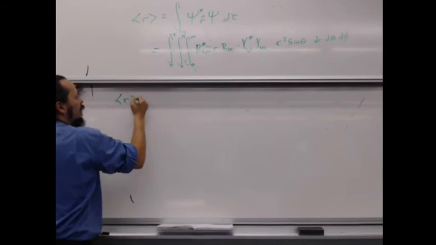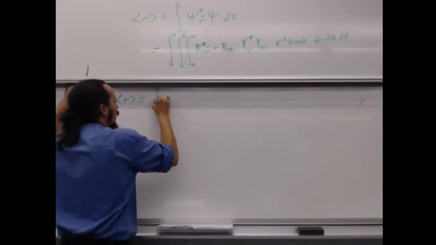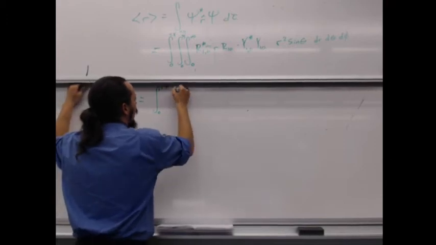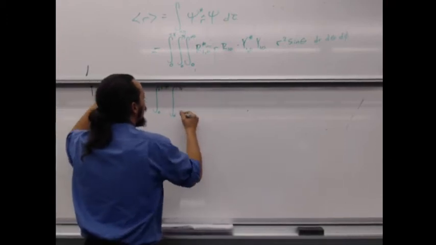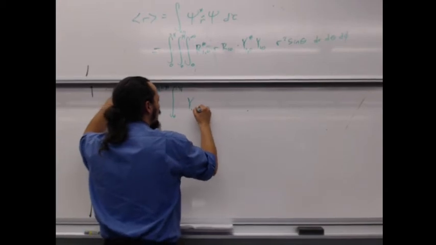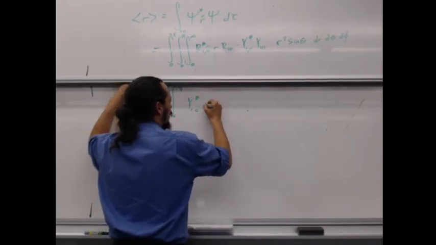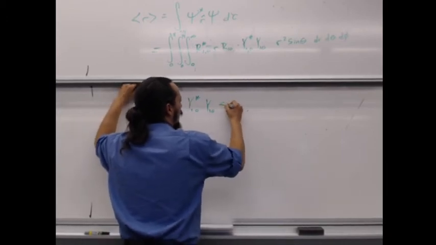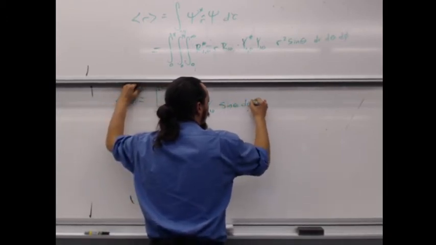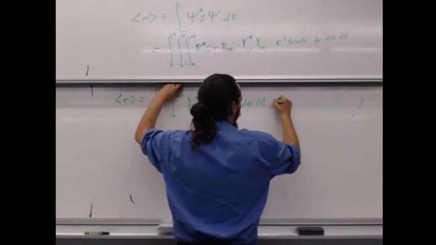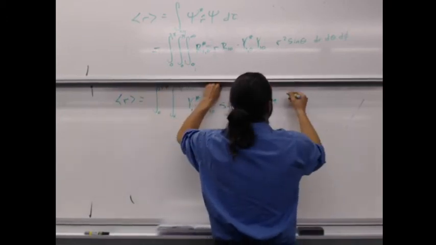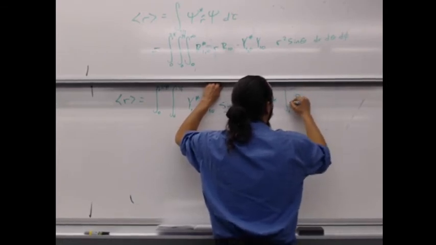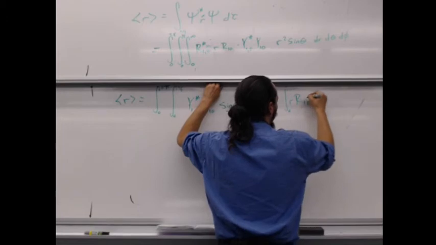And I can say my average r is going to be equal to the integral from 0 to 2 pi, the integral from 0 to pi, Y10 star, Y10 sine theta, d theta, d phi, times the integral 0 to infinity, R10 squared.